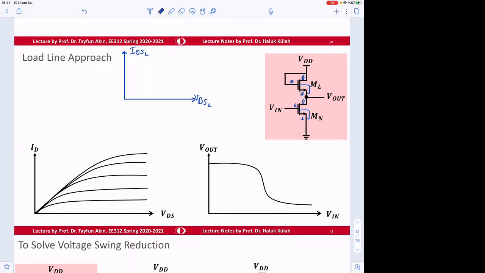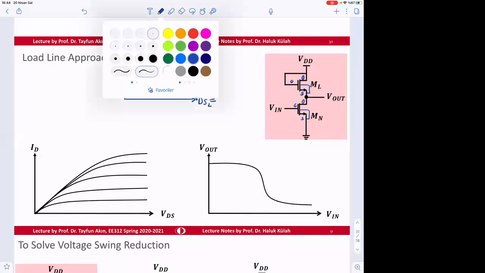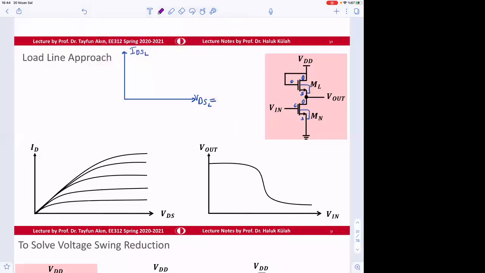V drain to source of L is equal to VDD minus V out, I drain to source of N.